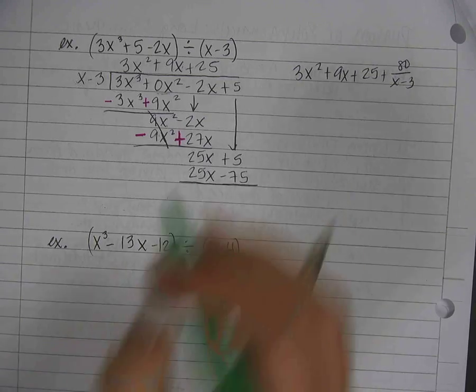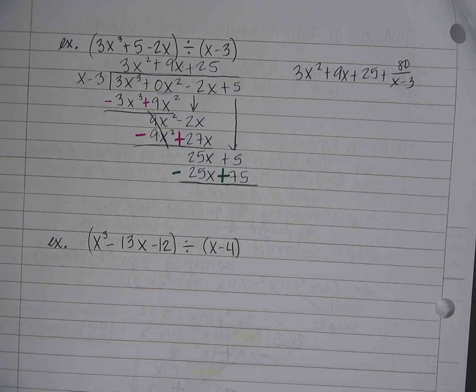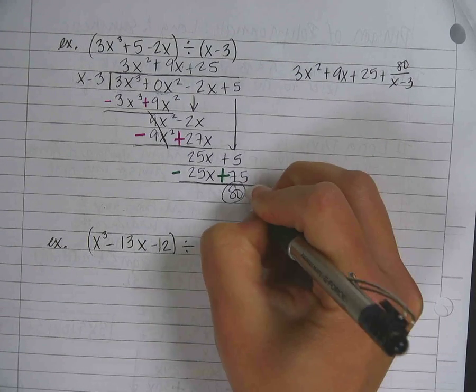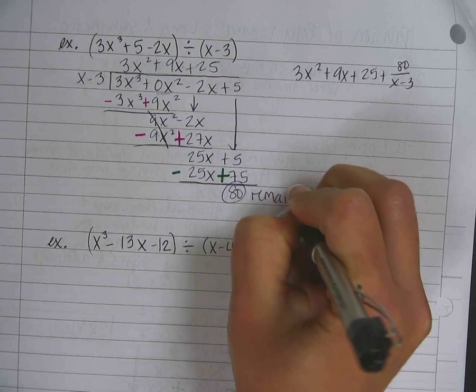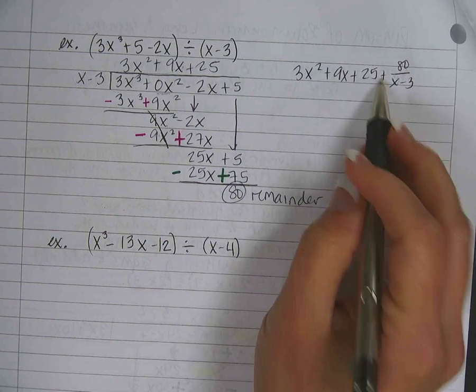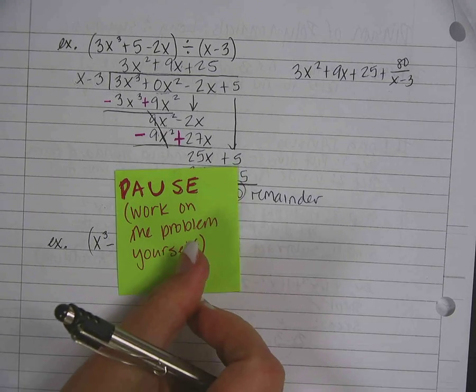Okay, we're going to switch the signs. And I'll get 80, which is my remainder. And that's how you write it. Remember to write a plus sign right there and divide it by the divisor. Okay? So let's take some more time for y'all to work on the next problem.